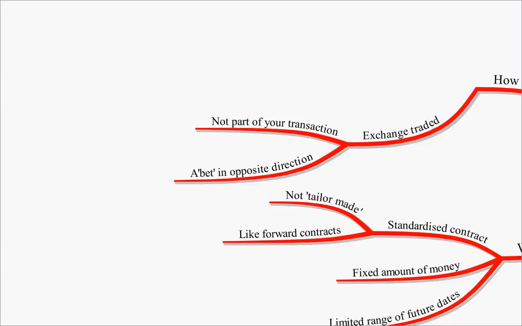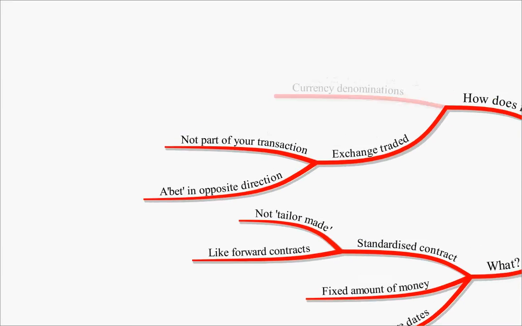So on the exchange trade you will bet in the other direction, i.e. bet in the direction of your risk, so that if that risk happens, it will equally and oppositely cancel out the profit or loss that you have on your currency transaction.